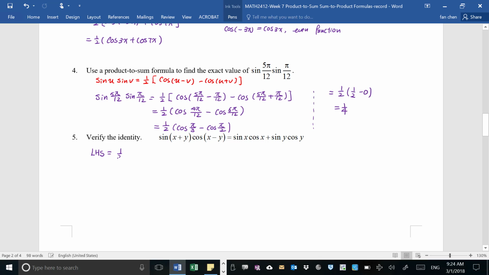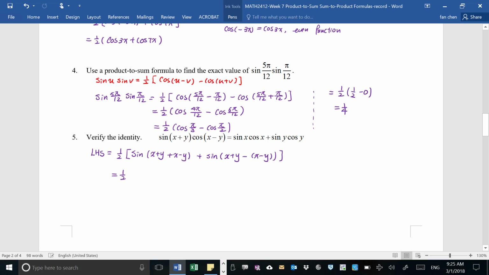So that is half of the sine of the first angle x plus y plus the second angle x minus y, plus sine of the first angle x plus y minus the second angle x minus y. Don't forget to apply the parentheses, it's very important.